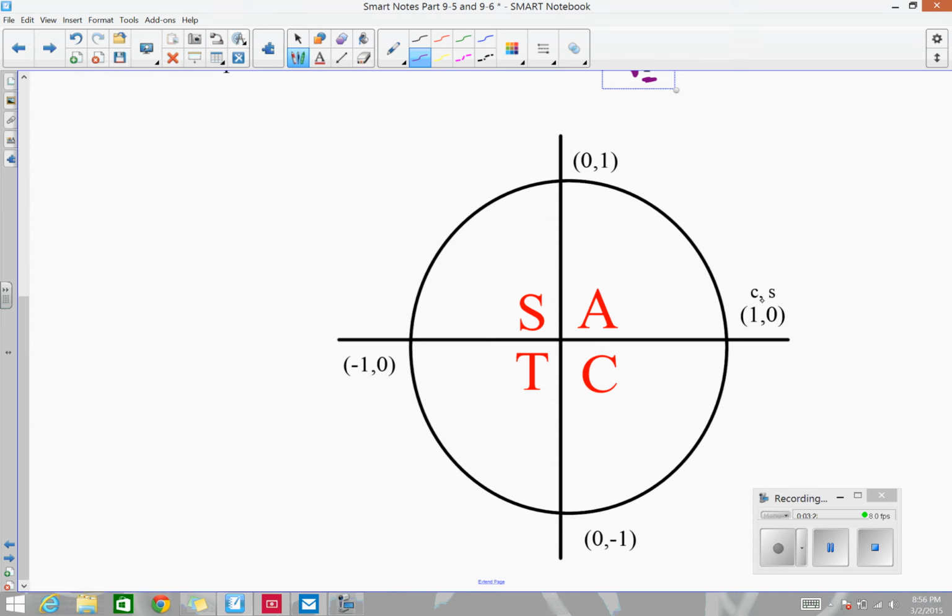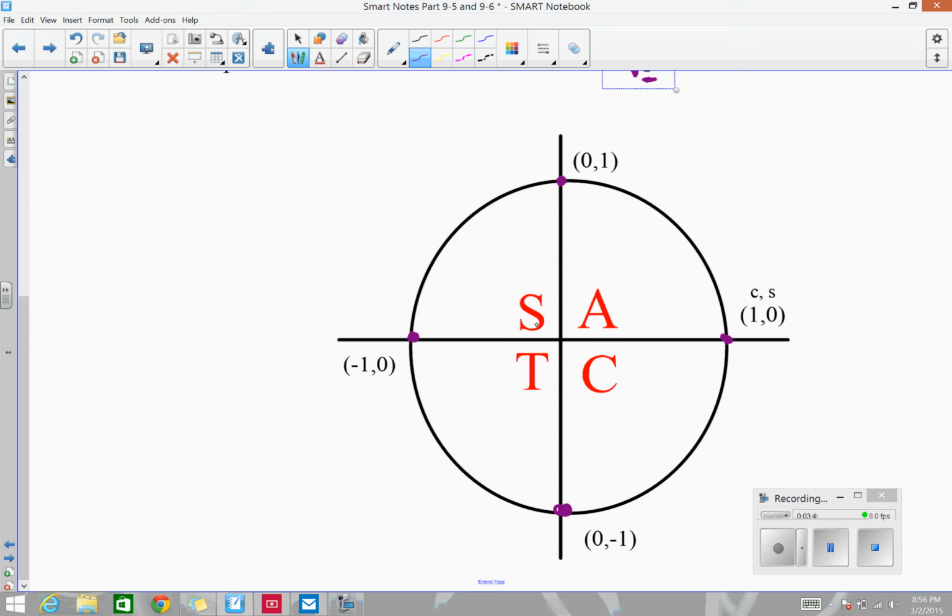We talked about this, that the cosine is the x value, the sine is the y value. We're in the unit circle, so our radius is 1, so this point would be 1, 0. 90 would be 0 over 1, 180, negative 1 over 0, and 270, 0, negative 1.